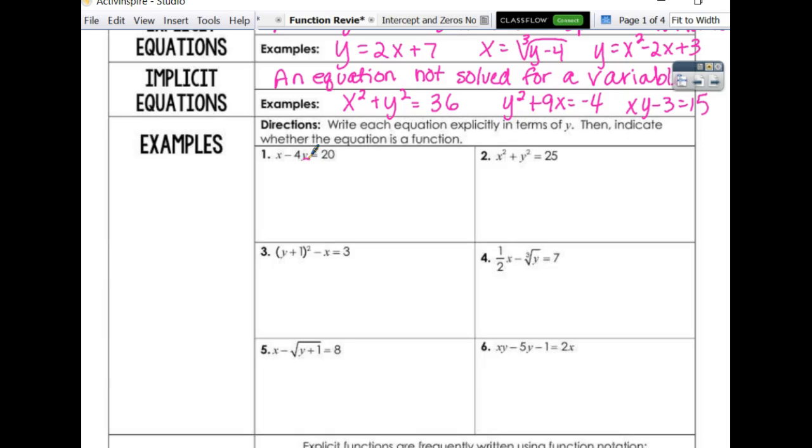All right. Okay, I'm going to solve for y. So the first thing I have to do is move the x to the other side. It's a positive x. To move it past the equal sign, we have to do the opposite, so I'm going to subtract the x. I'm multiplying the y times negative 4, so I'm going to divide through by negative 4.